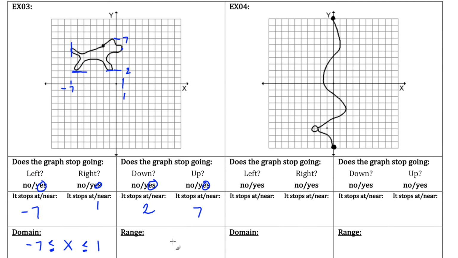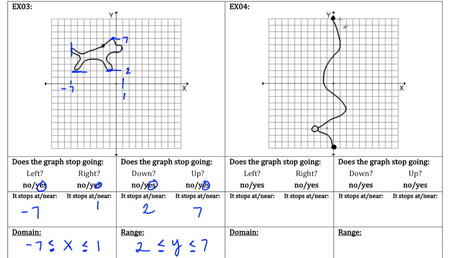So the range values are between 2 and 7, and remember these are actual points here and here. I guess that one doesn't reach all the way, right? It gets close, but not like this one. So it can be larger than or equal to 2, or less than or equal to 7. All right, last one.